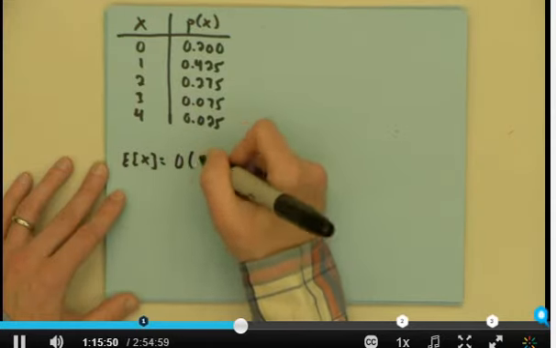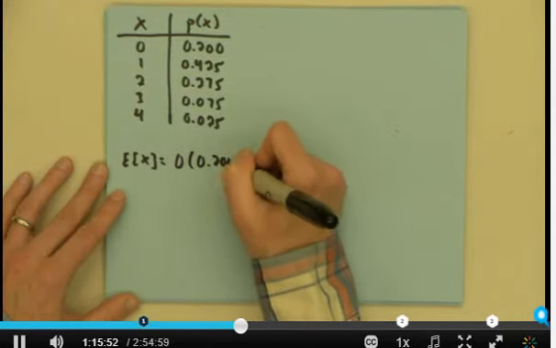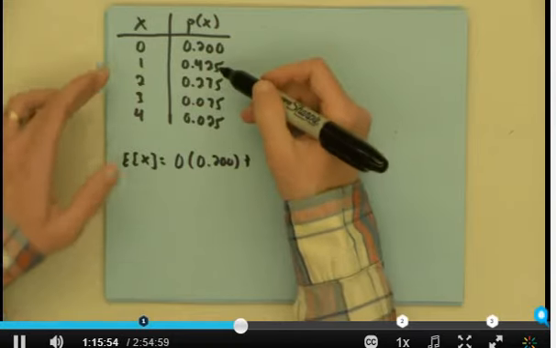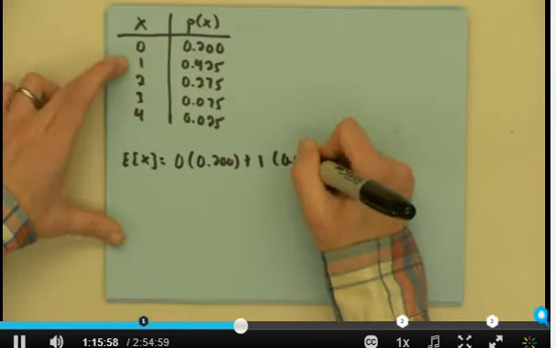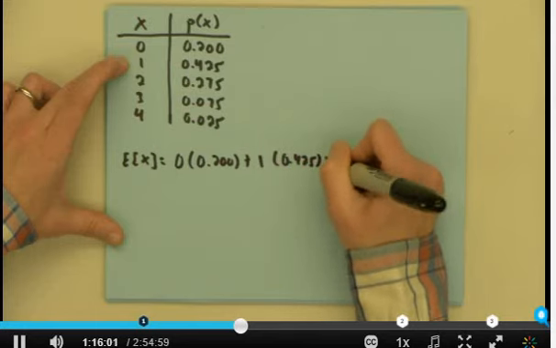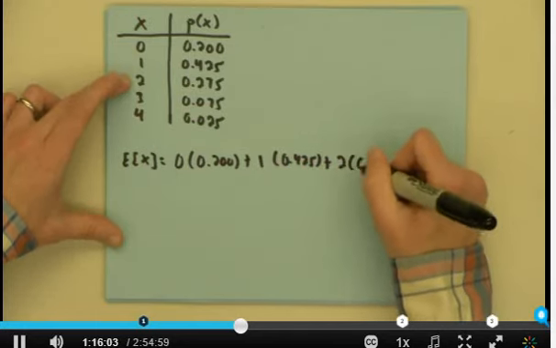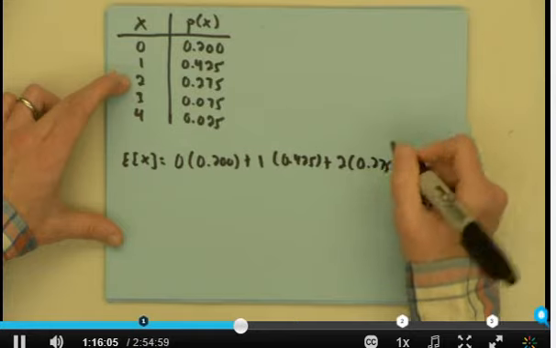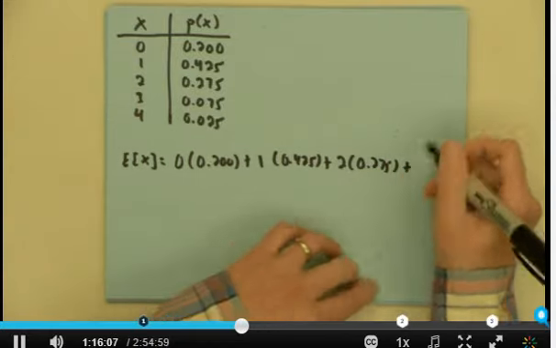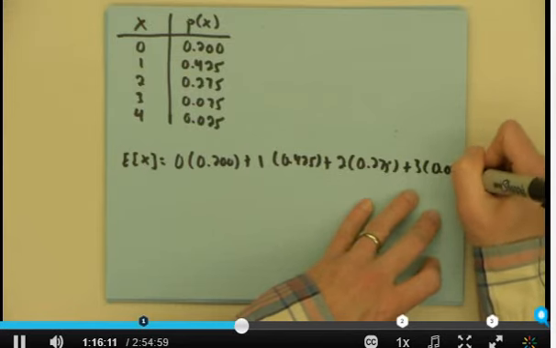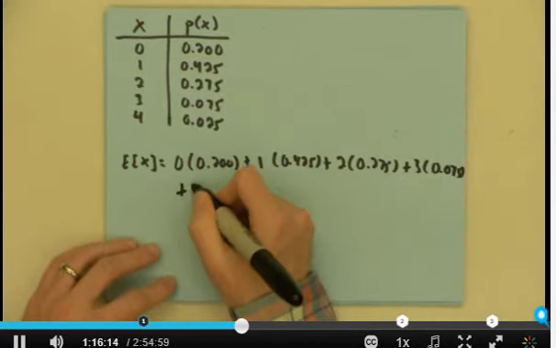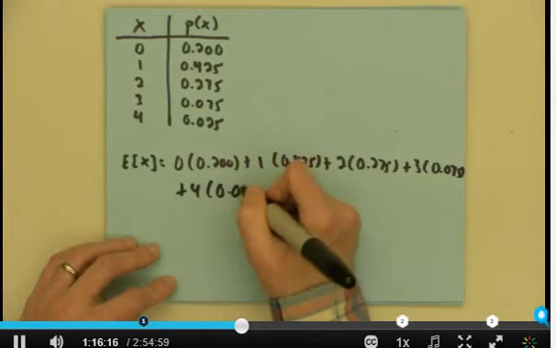So that'd be 0 times 0.200 plus 1 times 0.425 plus 2 times 0.275 plus 3 times 0.075 plus 4 times 0.025.